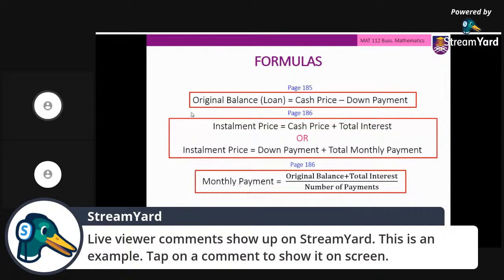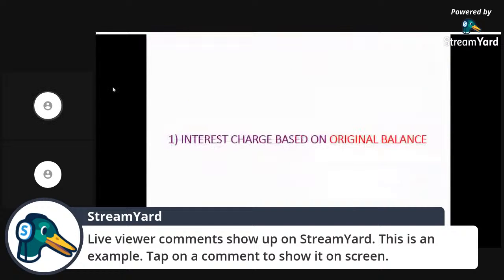So these are the formulas that you're going to use in the exam nanti. Your test akan open book, so this formula you boleh tengok later on, just that you kena tulis kat tempat lain. You do not need to hafal. Okay, so first we look at interest charge based on original balance.